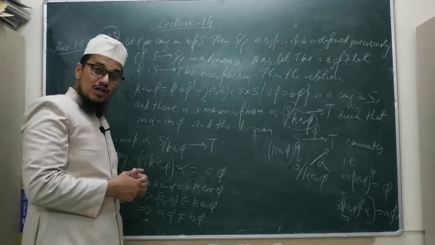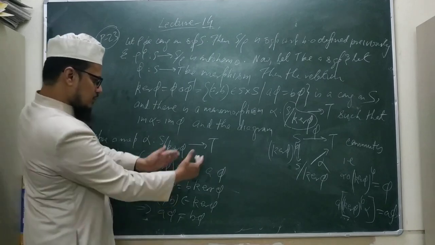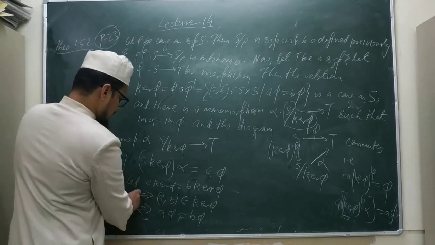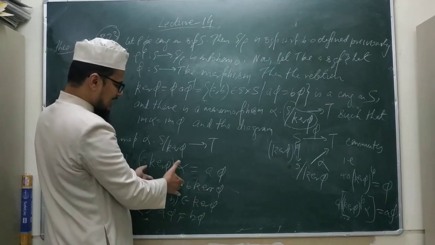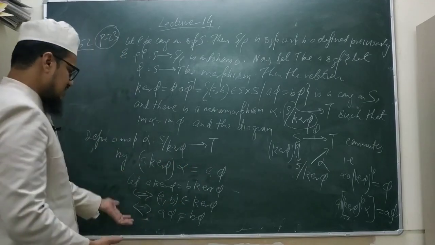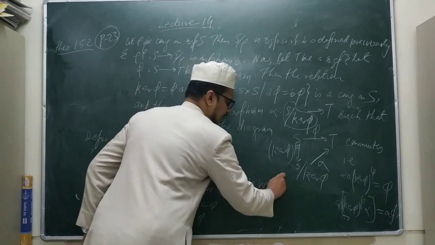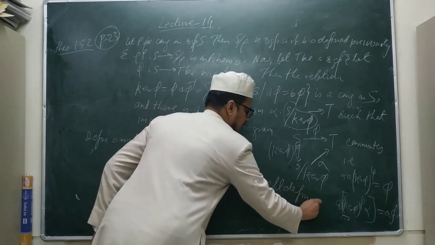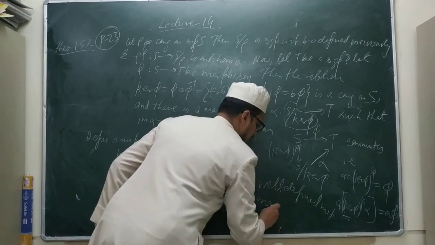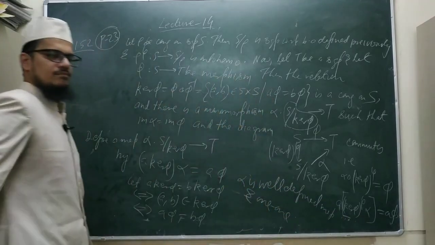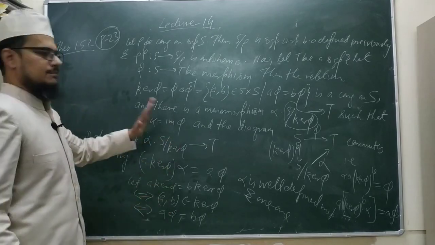And also this map is 1-1 because we can go in a reverse way. Because if you take Aφ equal to Bφ, it means that (A, B) belongs to kernel φ. (A, B) belongs to kernel φ, it means that A kernel φ is equal to B kernel φ. So by this we can say that α is a well defined map and also a 1-1 map, because we can go from up to down and down to up.